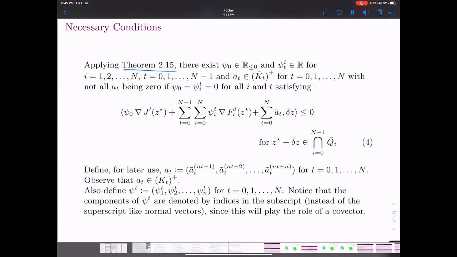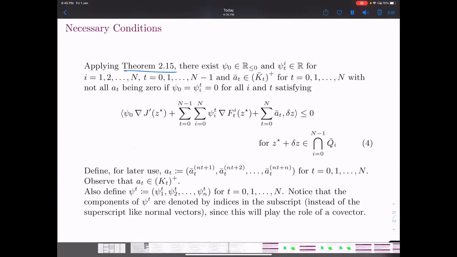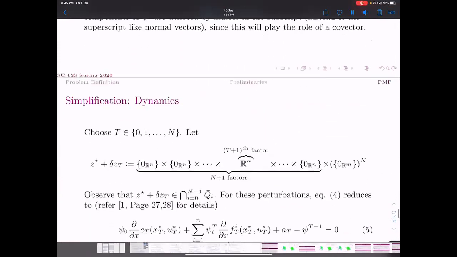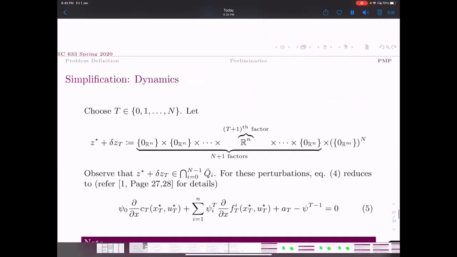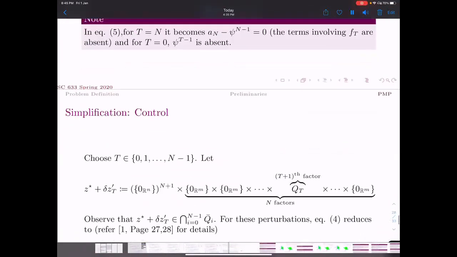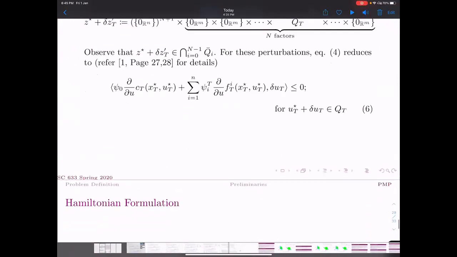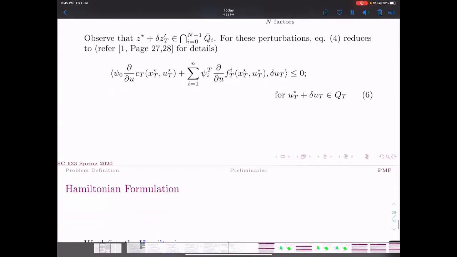So instead of going through these, how do these go? You have the necessary conditions here, then you have a simplification of the dynamics, and then you have the control. I really don't expect you to follow these 3, 4 slides, but I'm just going through them for you to get a flavor. And later, when I share these slides separately with Mangal, please take a look at them.